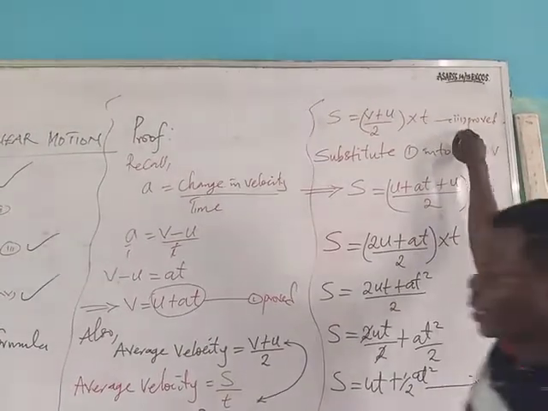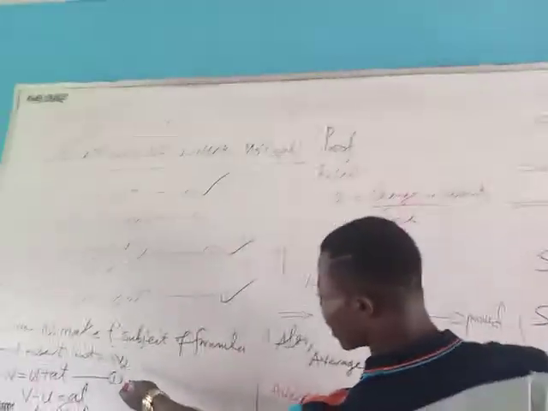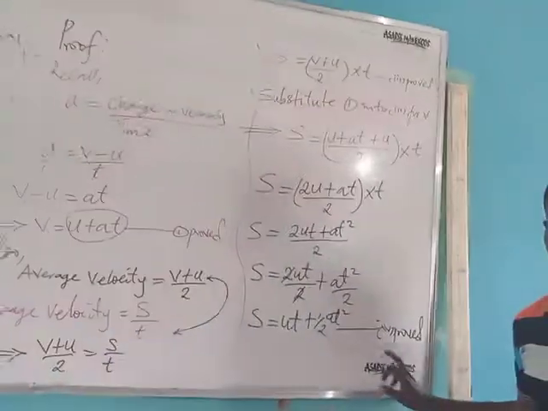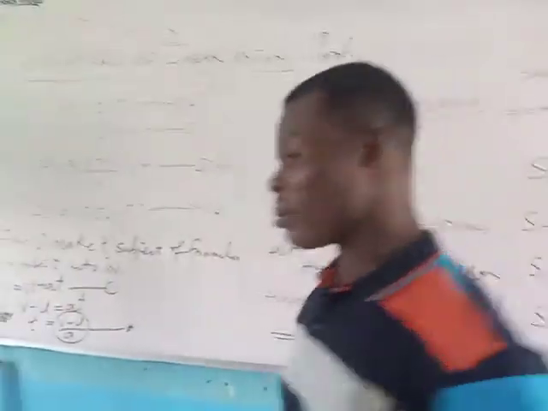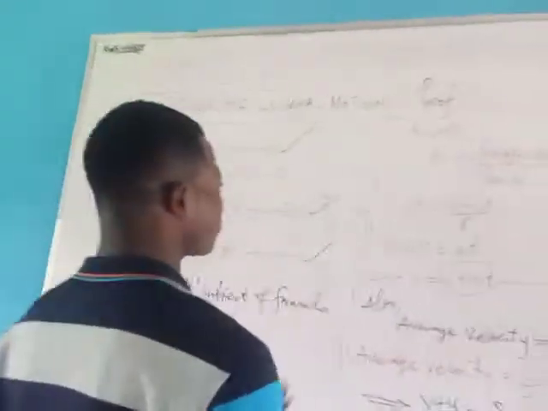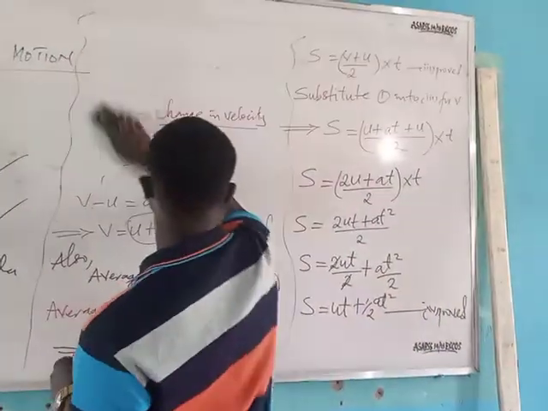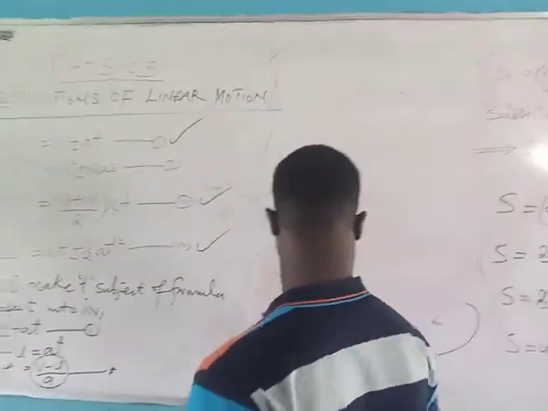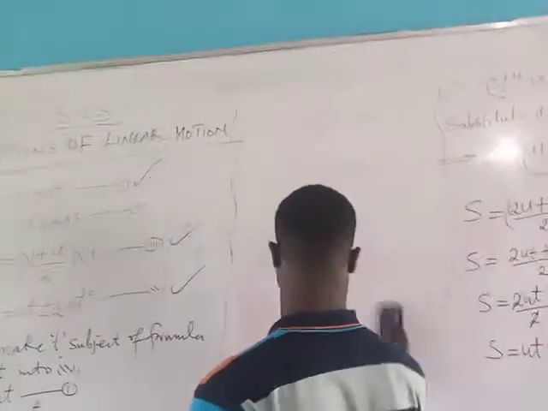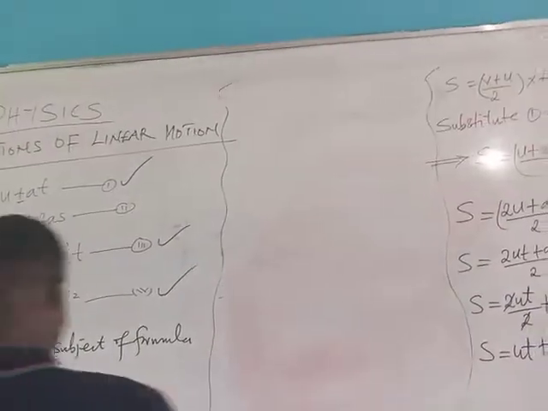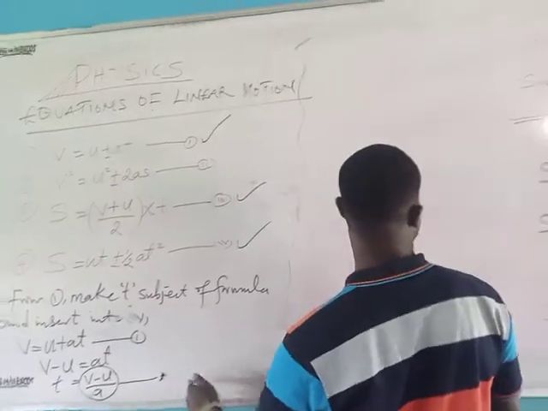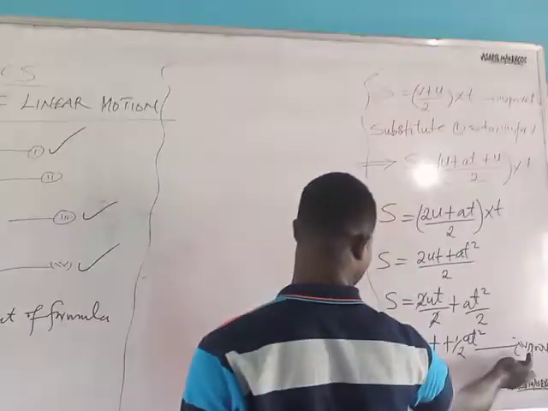But since in our statement we said substitute into equation 4, therefore we are going to use equation 4, but we will arrive at the same answer. Now we want to insert this into equation 4, like I said.